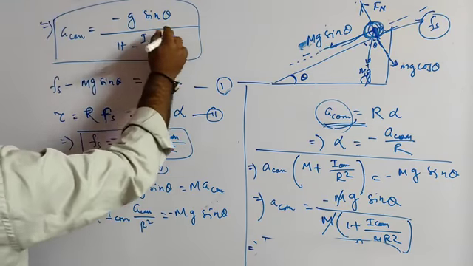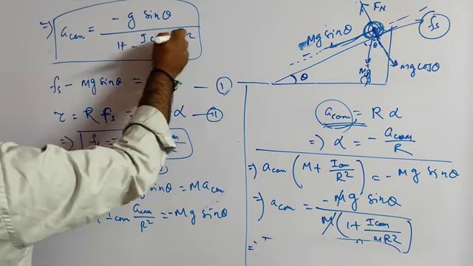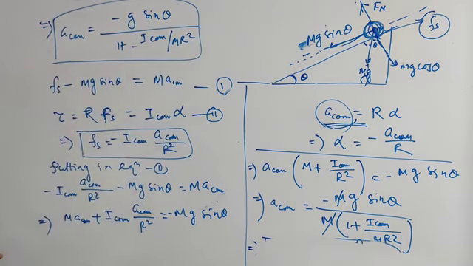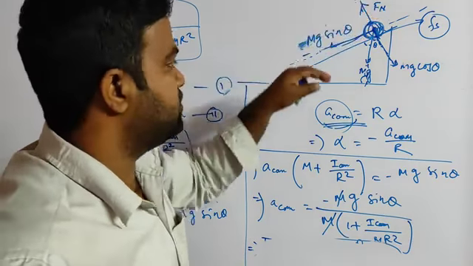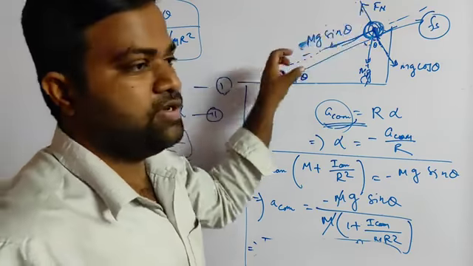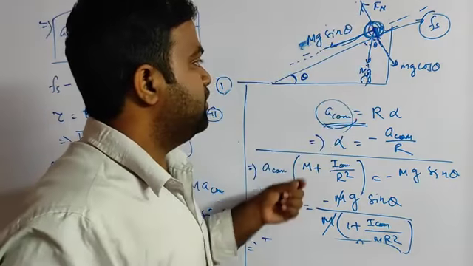So this is the expression for the acceleration of the object which is rolling down without slipping, very important, without slipping, on an inclined plane, okay?